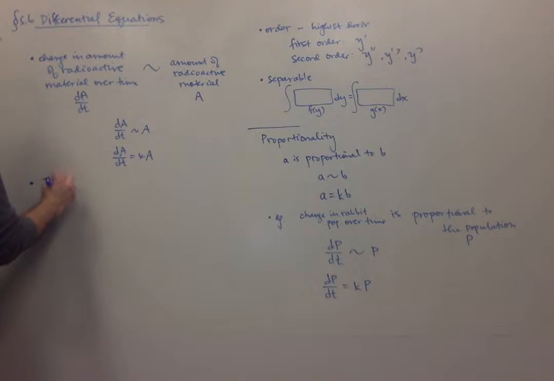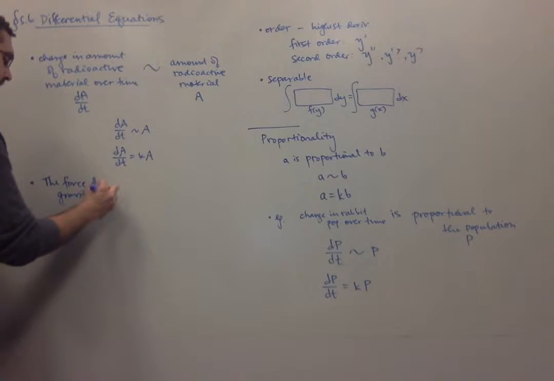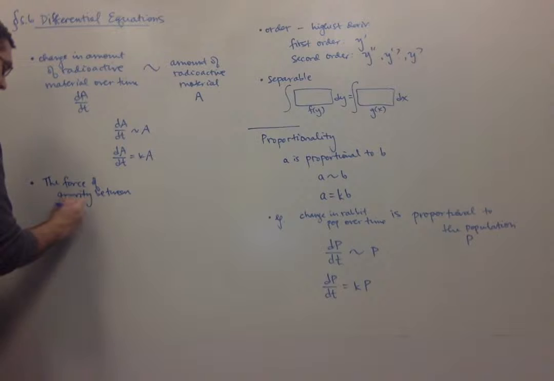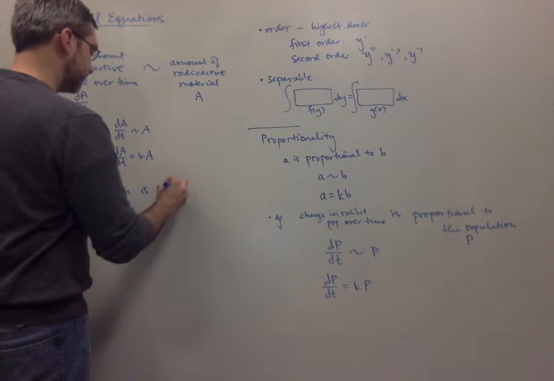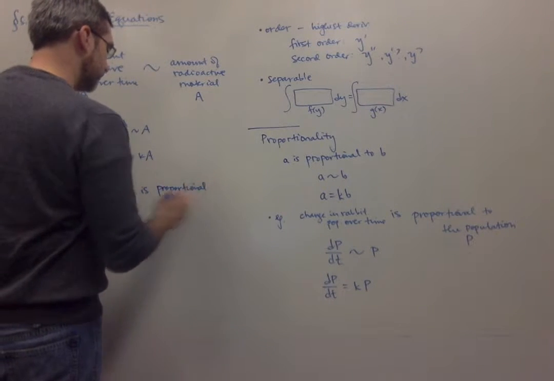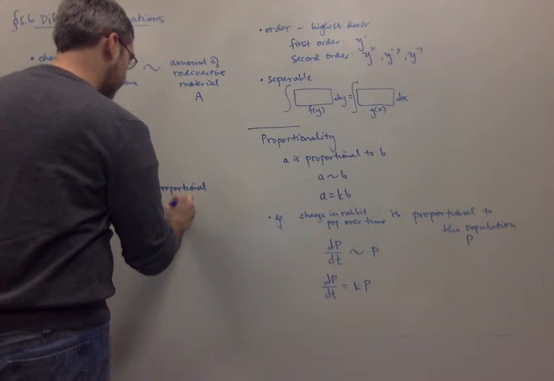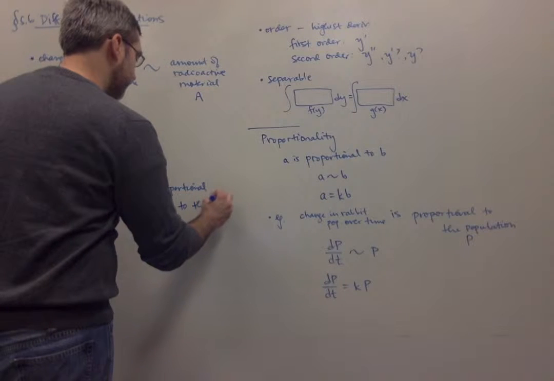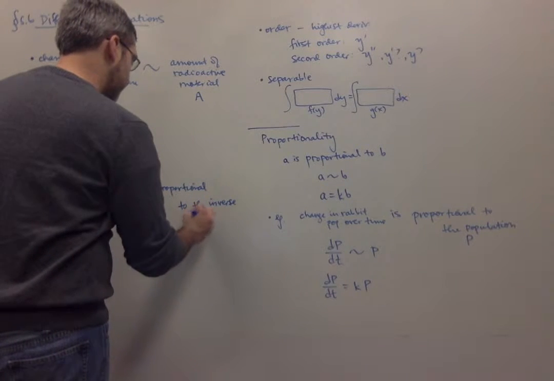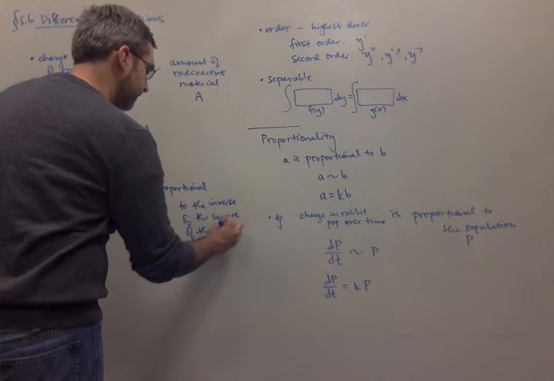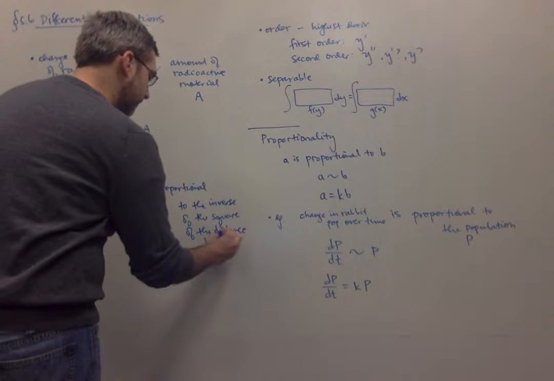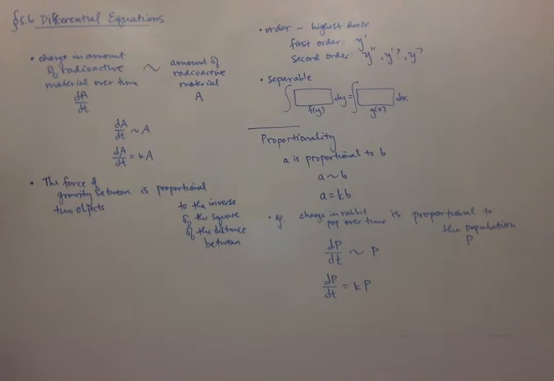The force of gravity between two objects is proportional to the inverse of the square of the distance between them.